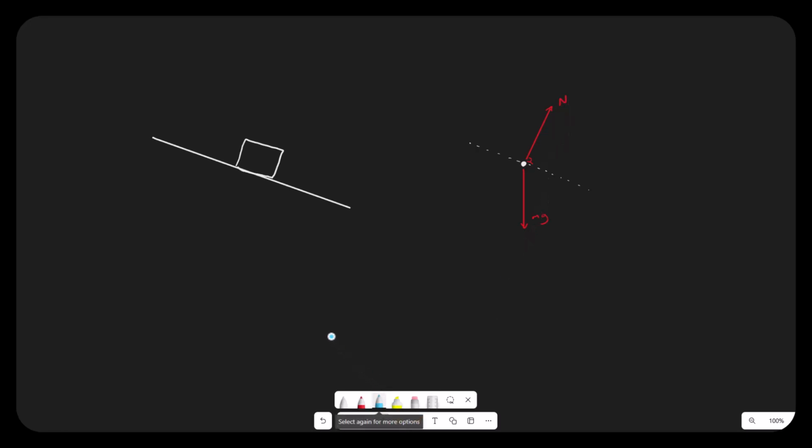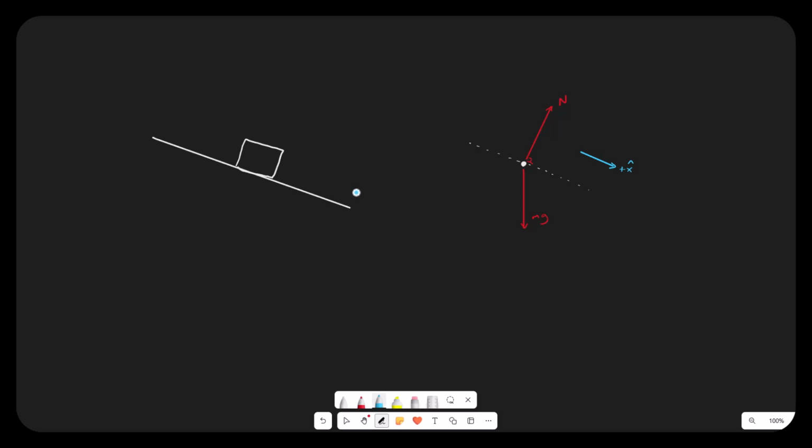When I am setting up my axis for this, I'm going to recognize this block is going to move along the ramp. So I would actually like to take my x-axis and have it move along the ramp. That way my motion is going to be in just the x direction. If I did my normal axes like this, then when the box moves this way down the ramp, it would have an x component and a y component.